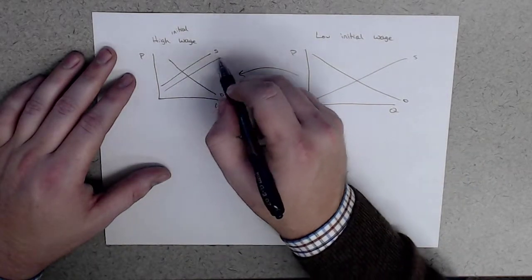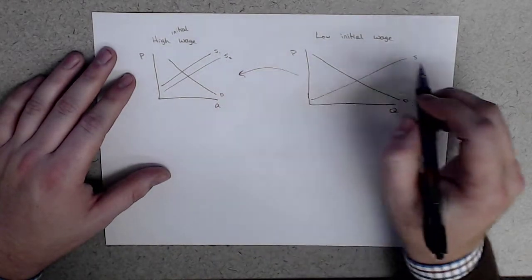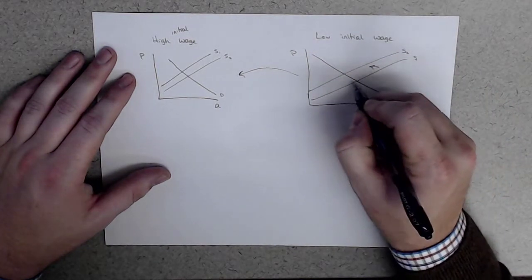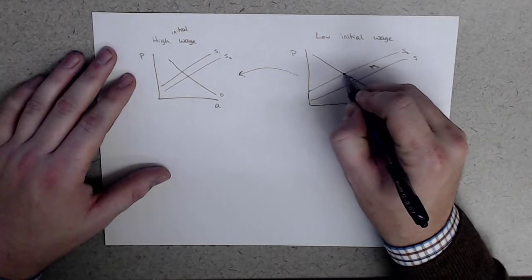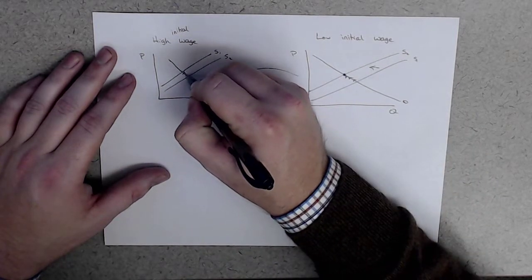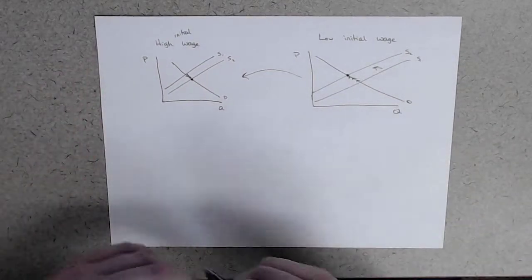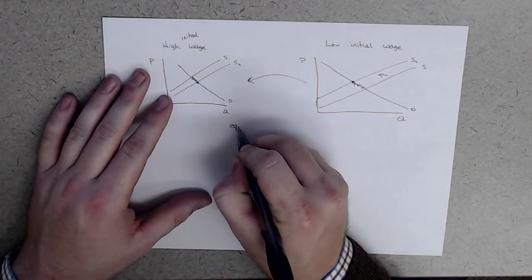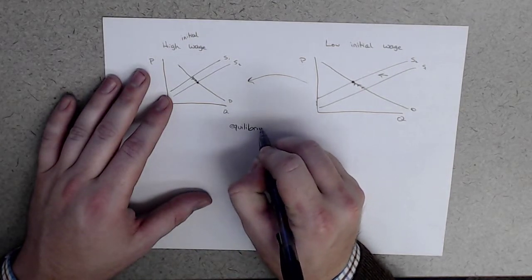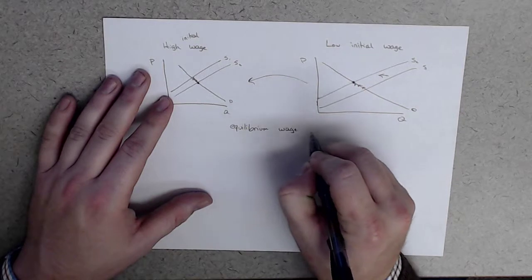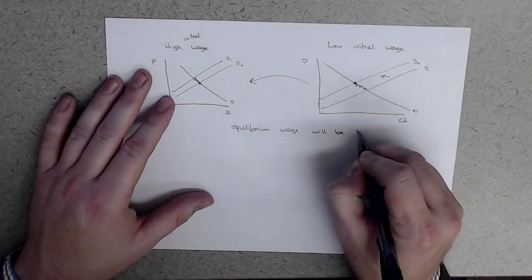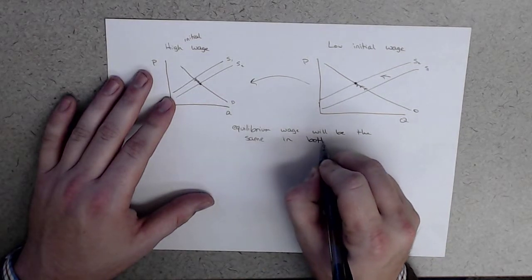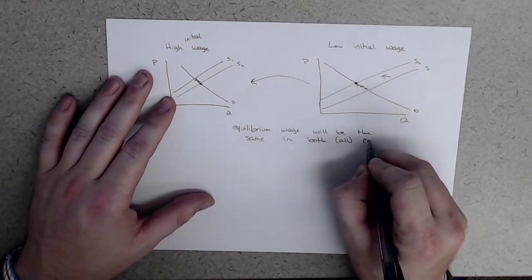And so the supply curve over here will shift to the right, and the supply curve over here will shift to the left. And so this will put upward pressure on the wage here and downward pressure on the wage here. And so the point here is that if all the things are the same, right, the equilibrium wage will be the same in both or all companies.